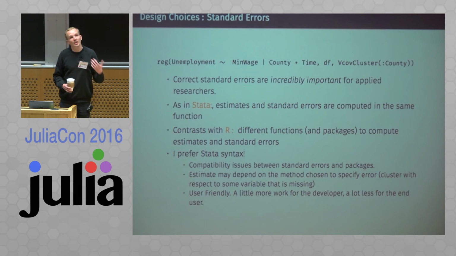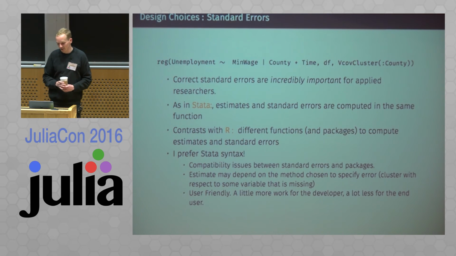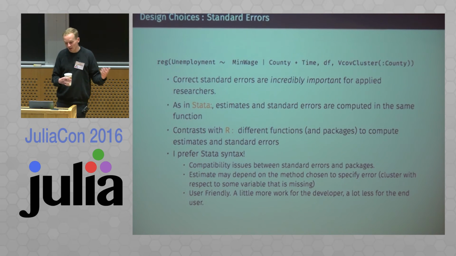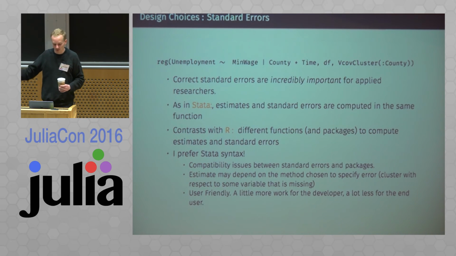Suppose county is missing for some observations; you want to throw these observations out of the model you estimate, and that's something you cannot do if you estimate the model in the first step and then pass the result to a different package. So basically, at the beginning of the reg function, I remove all the observations where variables are missing in the model, in the formula, or variables are missing to compute standard errors.